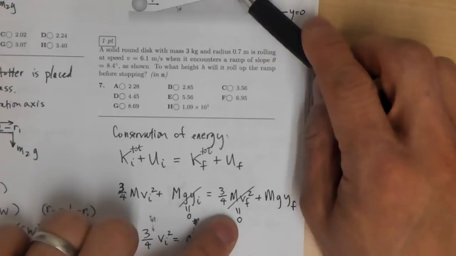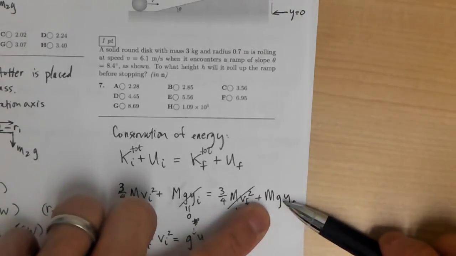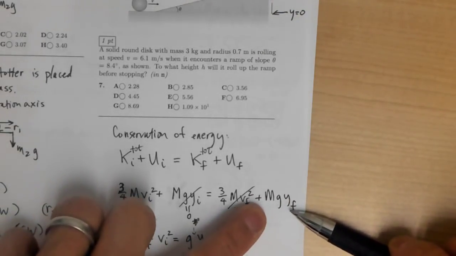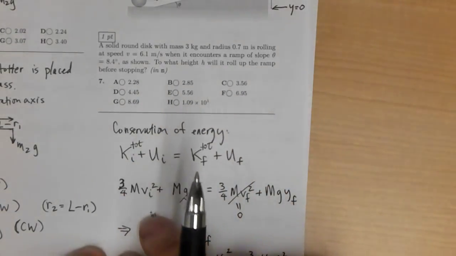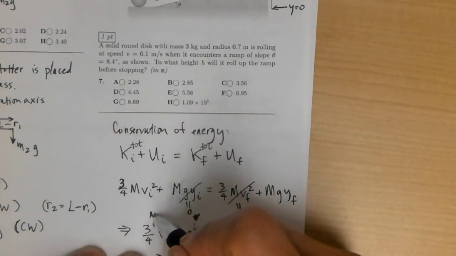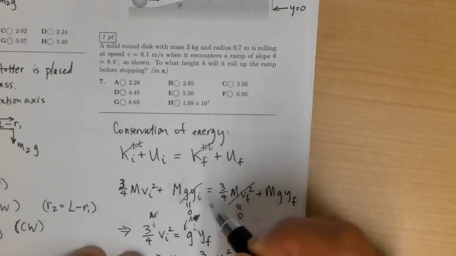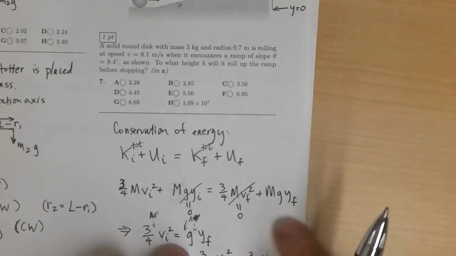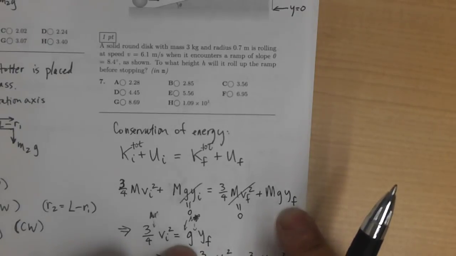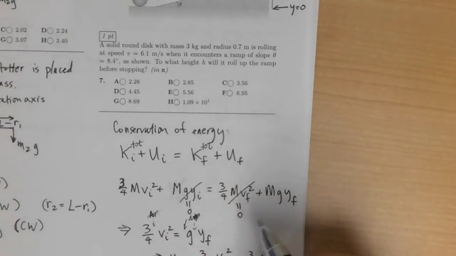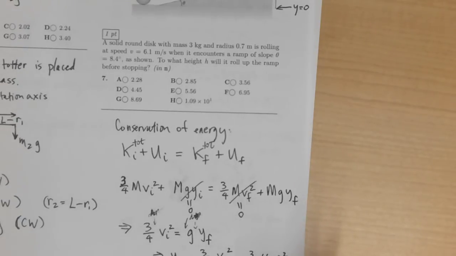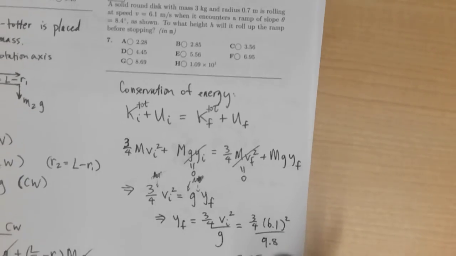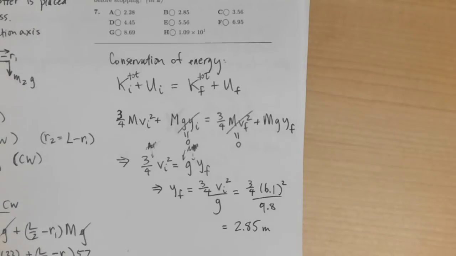The final kinetic energy is 0 because it stopped moving, and then we have a final height, y final, so I get mg y final. So 3/4 m vi squared is equal to m g y final. I cancel the m's, solve for y final, and you end up getting 2.85 meters.